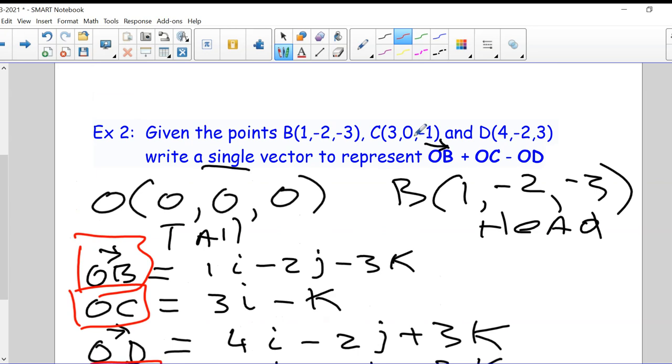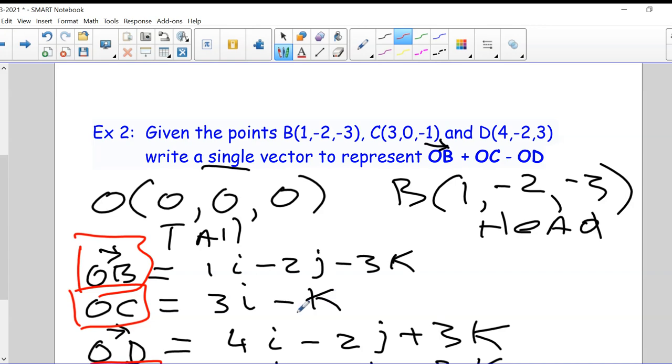Okay, Ariana? It means I've scaled it along the x-axis. I did not move along the y-axis at all, so there is no need for a j. I took the j vector and made it become the 0 vector, and the k vector was scaled to become minus 1. So here it is, 3i minus k. That's where OC comes from. Does that make sense to you, Ariana?